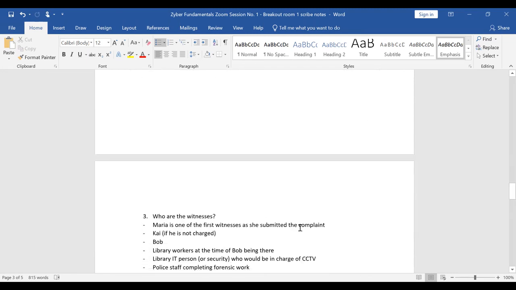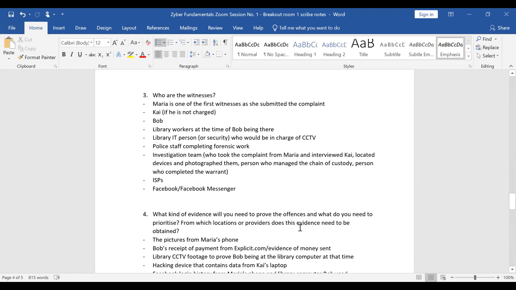So who are the witnesses? Except for Maria, Kai and Bob, we came up with whoever the people are going to be involved in the process of investigation, especially when they're handling evidence, they have to be considered to be witnesses. For example, for police, we have the investigation team.